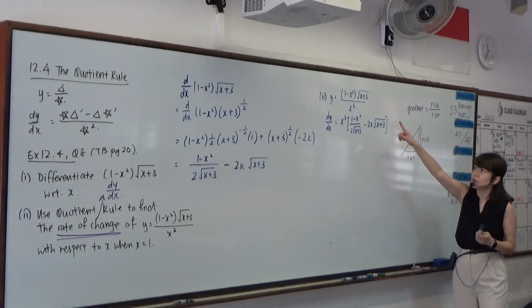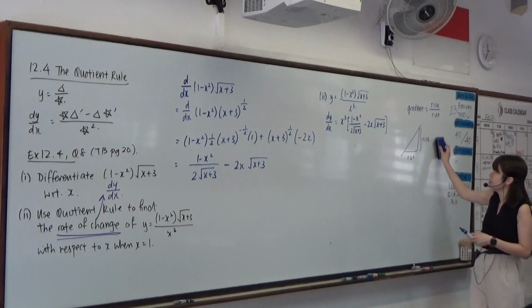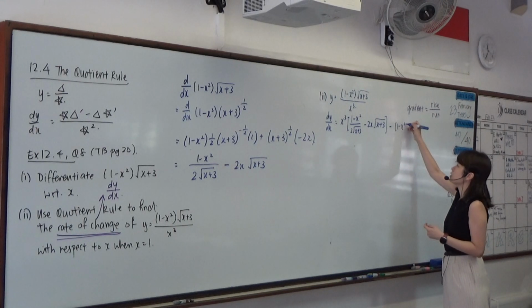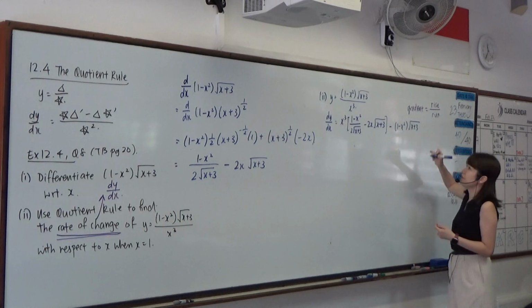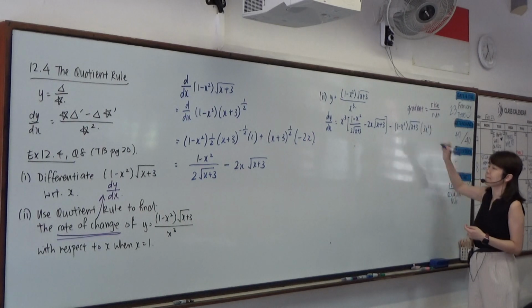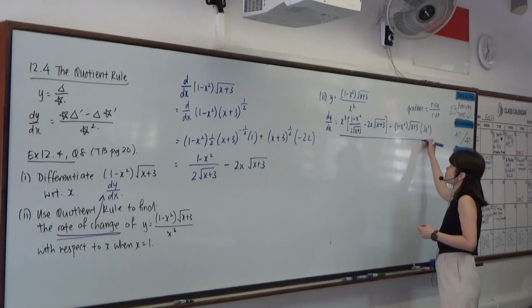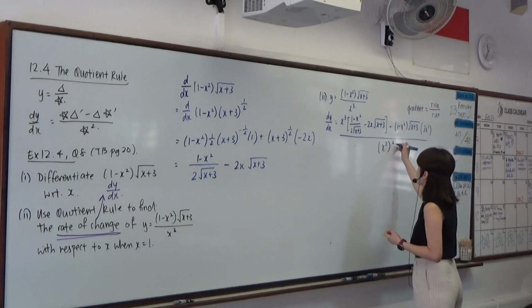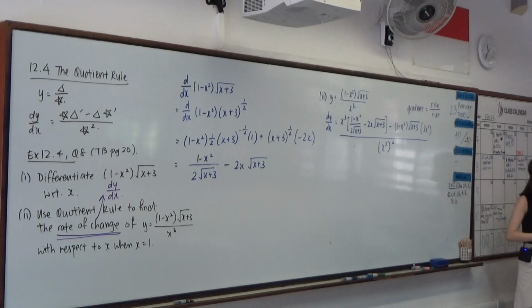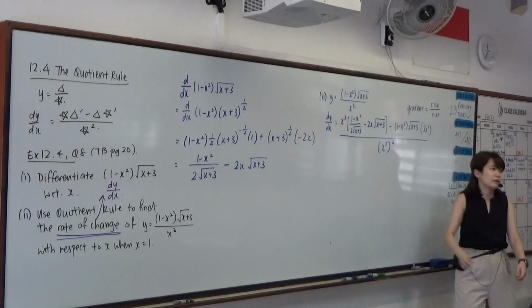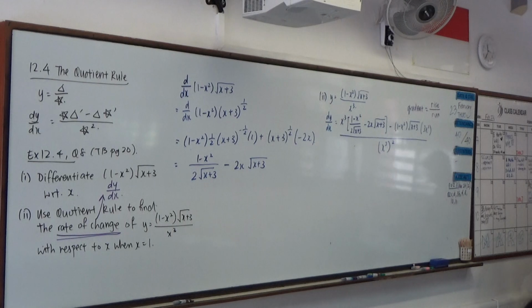So keep bottom, differentiate top, then minus away keeping the top, differentiate the bottom, which is 3x squared, over bottom squared. So part 1 helps us in simplifying the process of having to differentiate the top part with product rule.